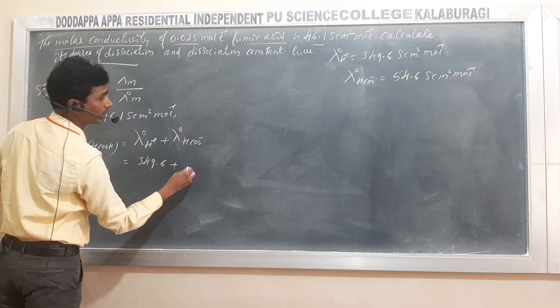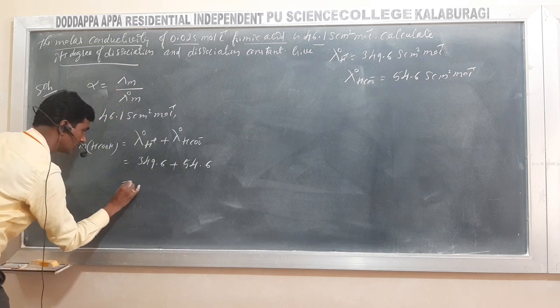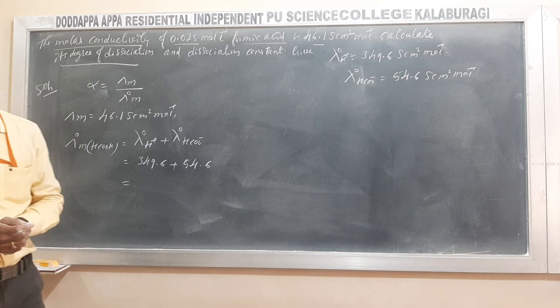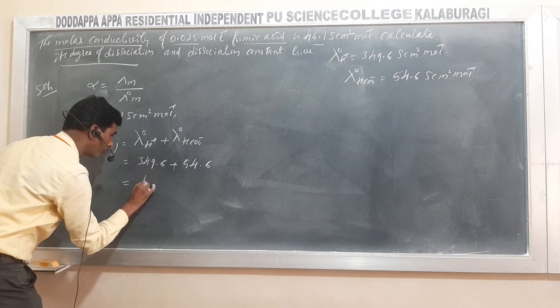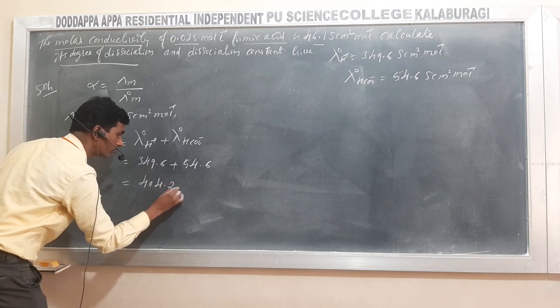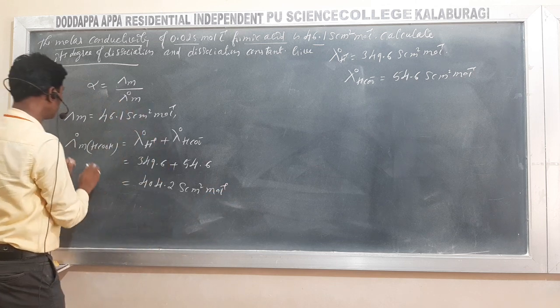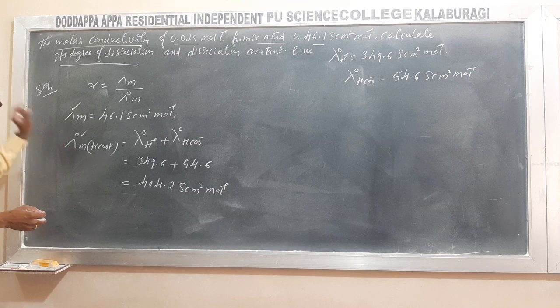What is the formate ion? 54.6. So you add 349.6 plus 54.6, and we get 404.2 Siemens centimeter square per mole. So this is the lambda m and lambda naught m, the molar conductance and the limiting molar conductance.